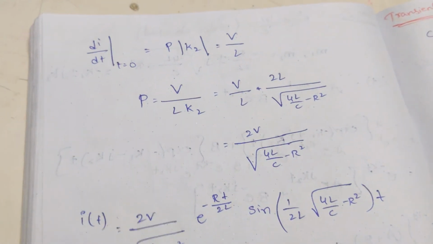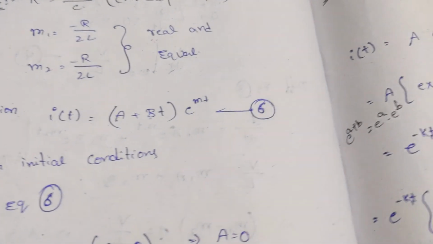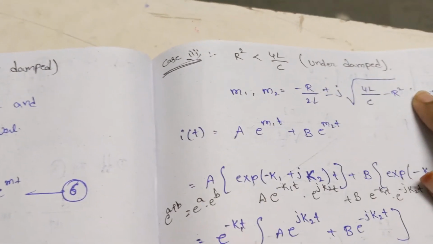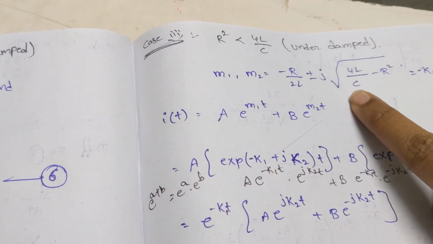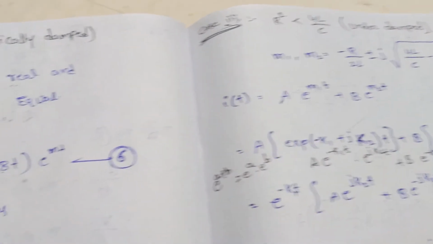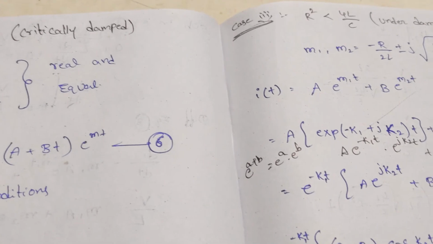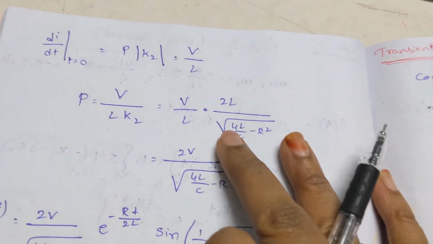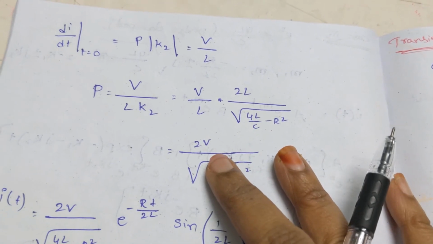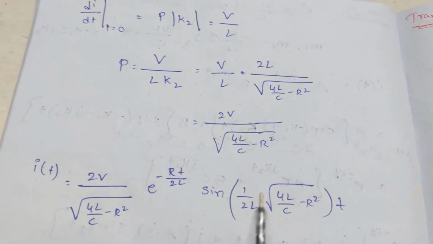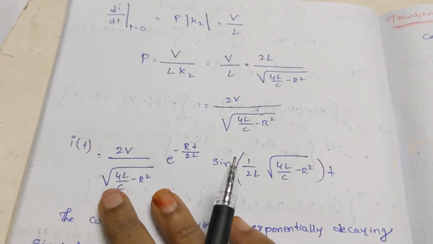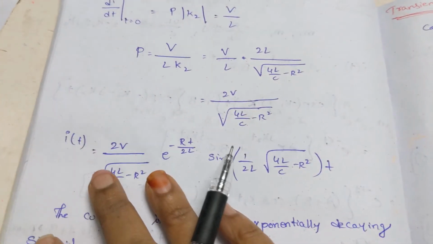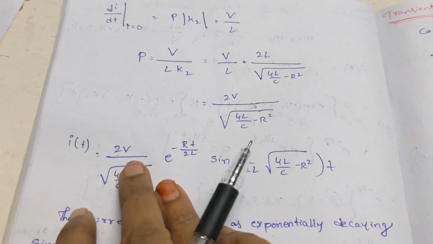What is the k2 value here? The k2 value is the square root of 4L by C minus R square. Replace that value, rearrange the terms and find out what your P is. Once you get the P value, replace it in your current expression.